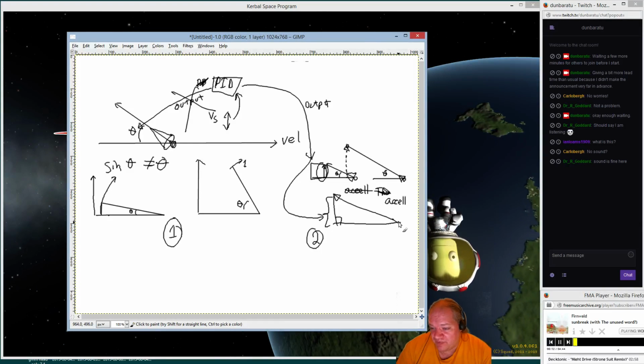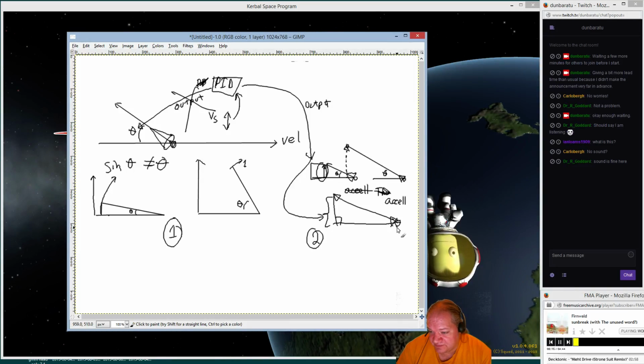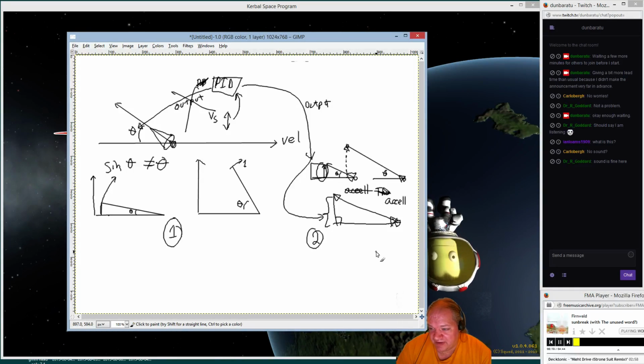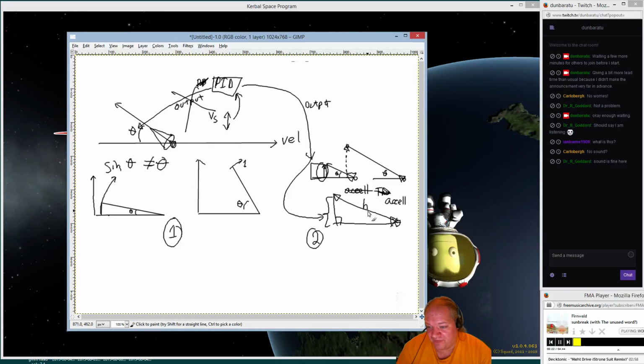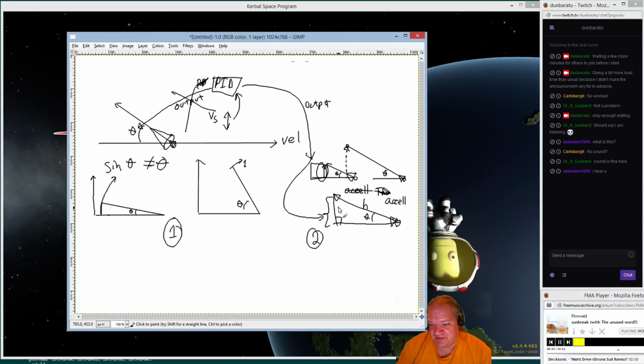Well, we know this hypotenuse. This is the total amount of acceleration that the ship is capable of putting out, which is basically its thrust divided by its mass. So we actually know the length of this hypotenuse. Therefore, if we're trying to work out what this angle is indirectly, we kind of know that, because it's just this length over this length. Let's call this the V for now.